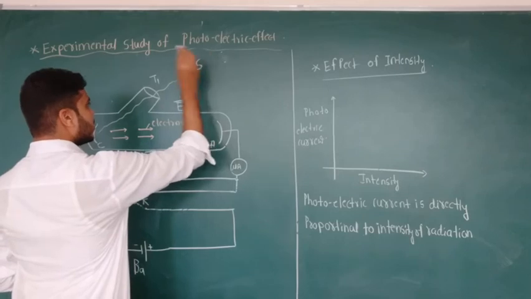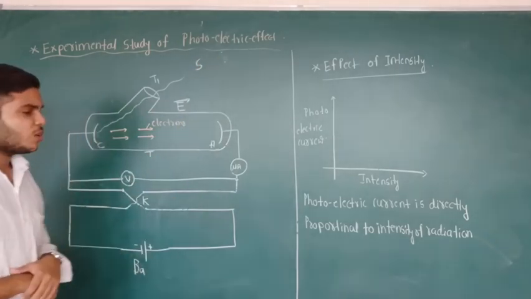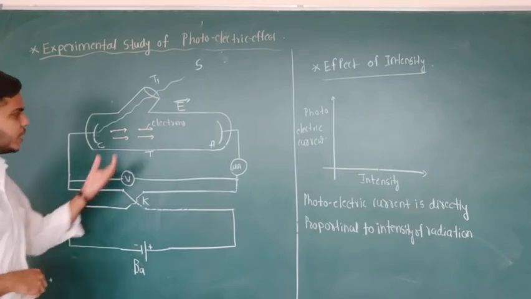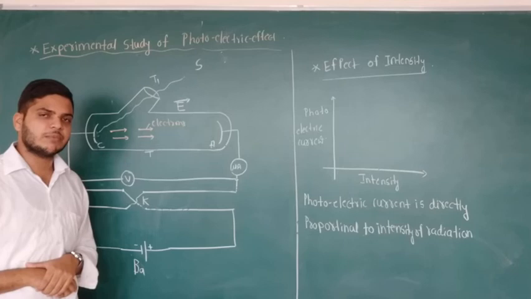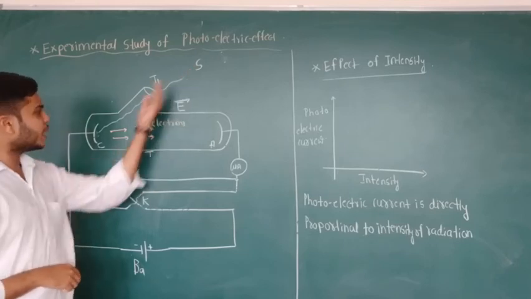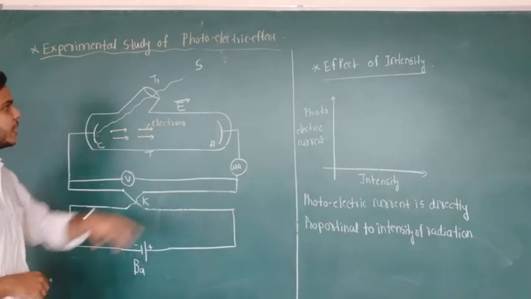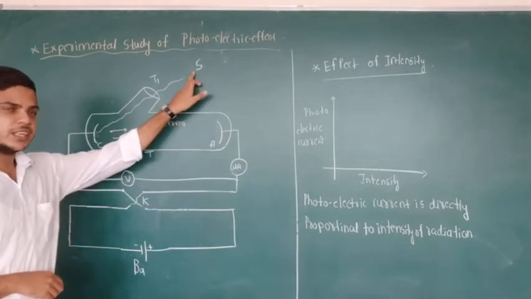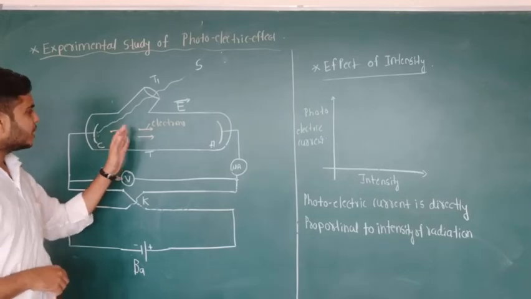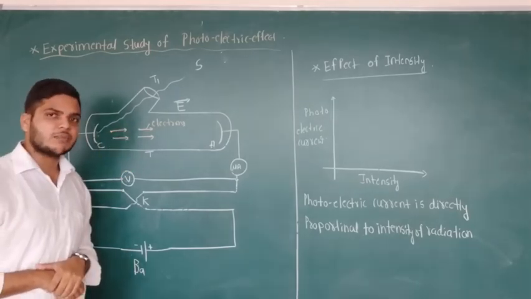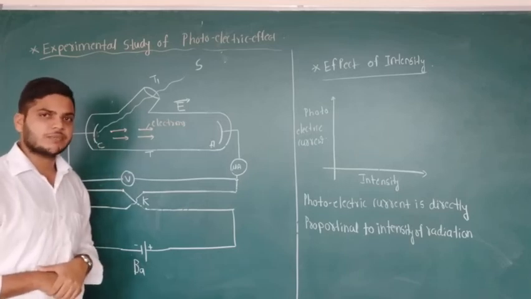Then the intensity increases because brighter light falls on the emitter plate. When the intensity increases, the photoelectric effect is more. That is, initially 10 electrons come from the metal, now 20 electrons.